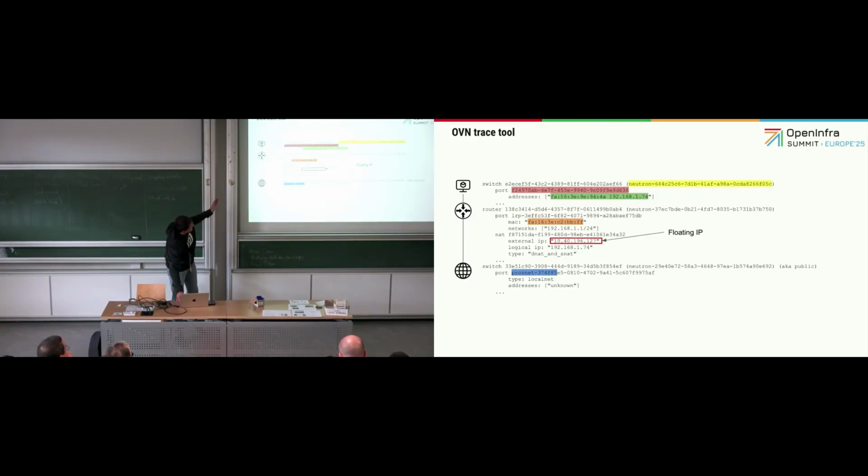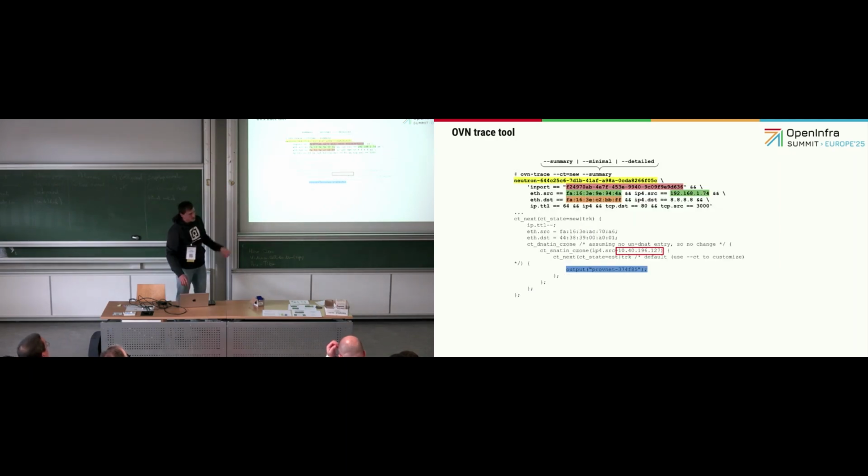The last thing is about debugging in this simple configuration, as you see: a virtual machine, a router, and the network connected to the public network. How to debug it? In most cases, you can use the trace tool. I know that it's quite complicated, and usually no one wants to translate this, but it's kind of the same as tcpdump. If you use it sometimes, you will probably get used to this syntax.